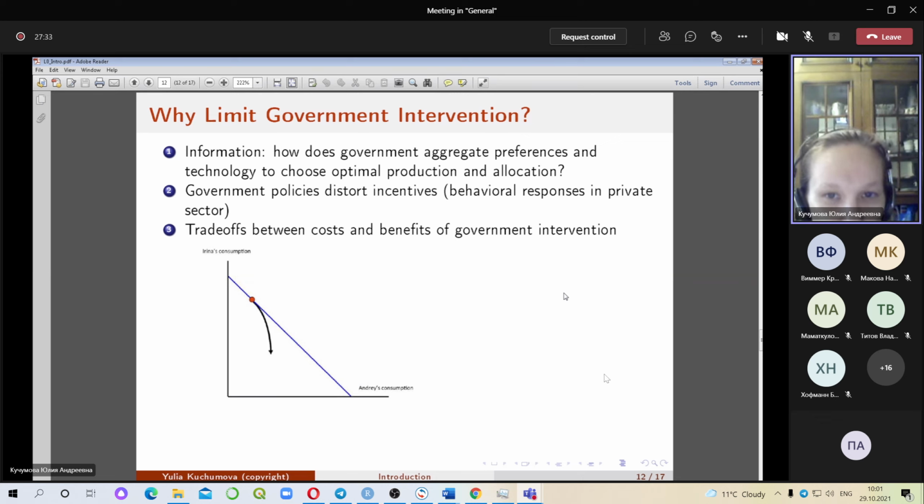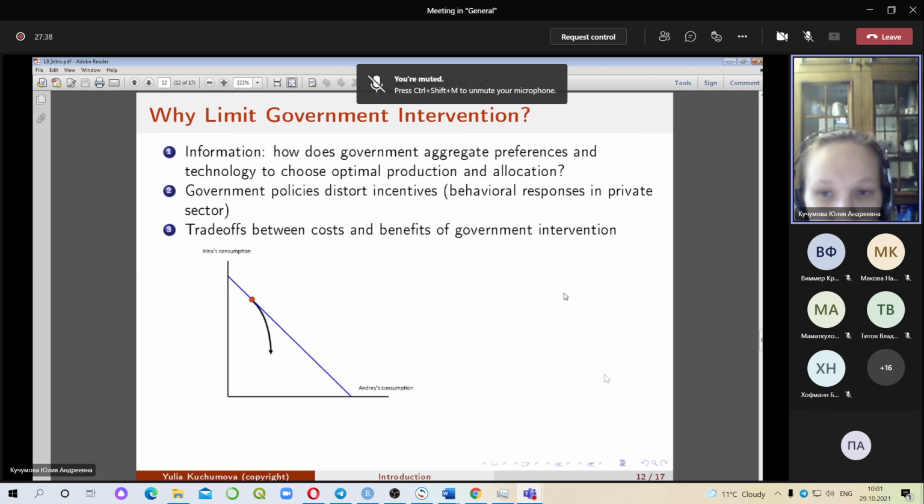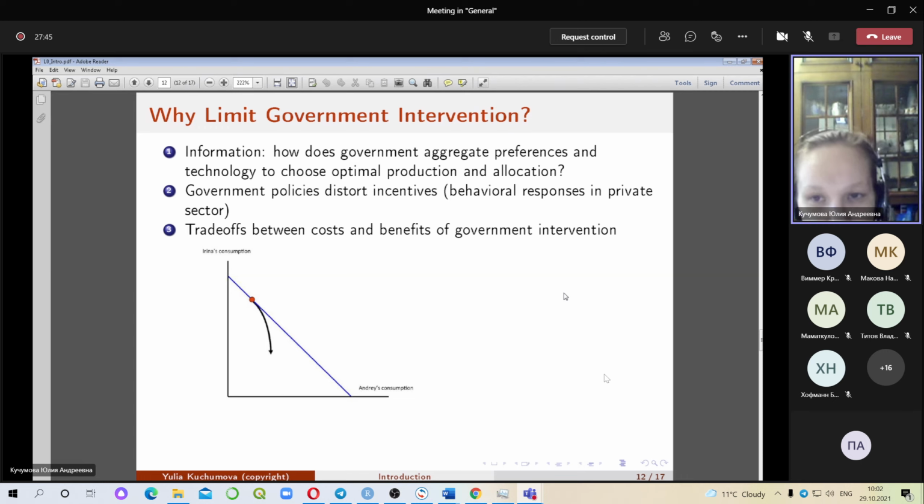What distorting incentives means is that people change their decisions if those instruments are used, right? So when taxes are used, people may take a different decision about how much to buy or how much to work, if there are consumption taxes, income taxes, and stuff like that.